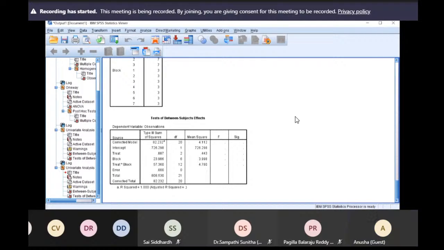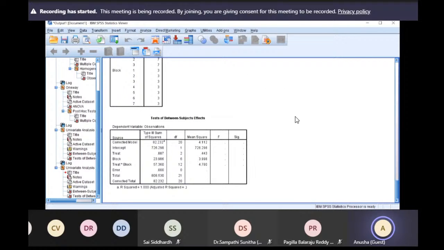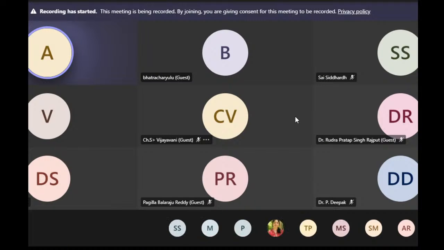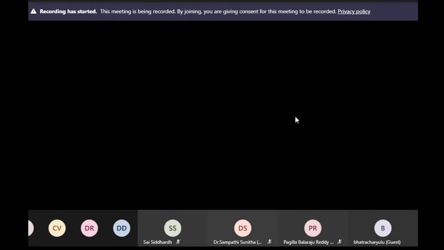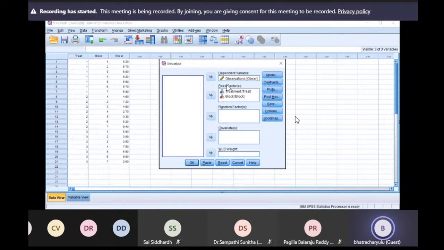Go to Analyze. Yeah, go to the data. Univariate. Now you select whatever the model.